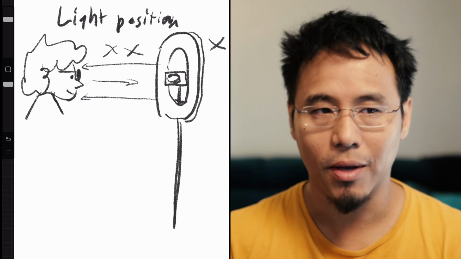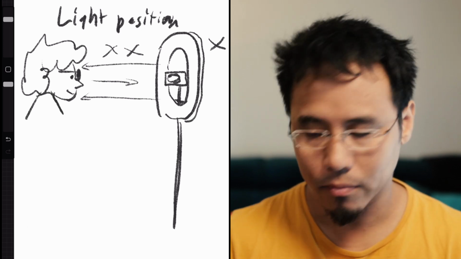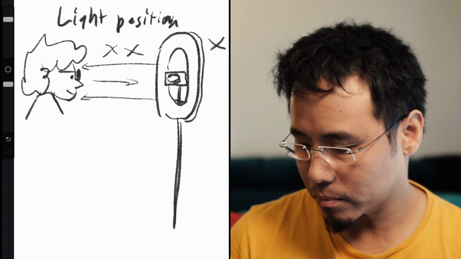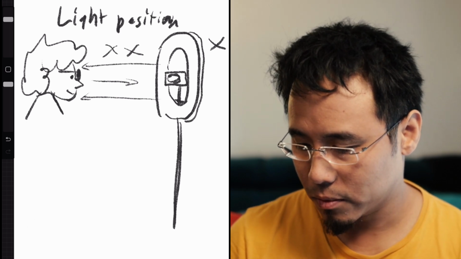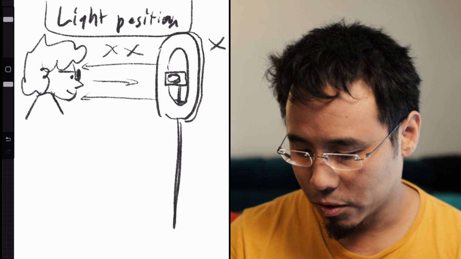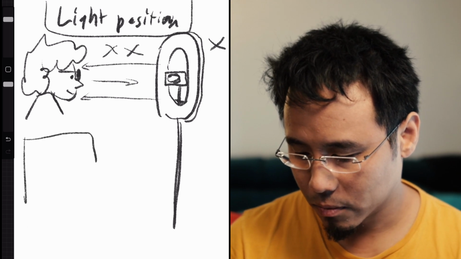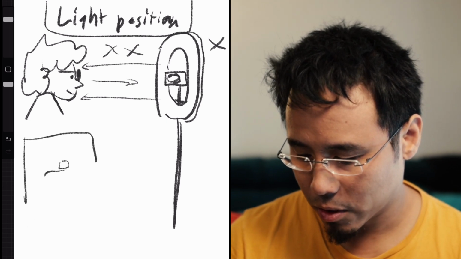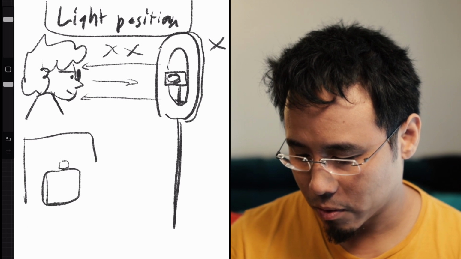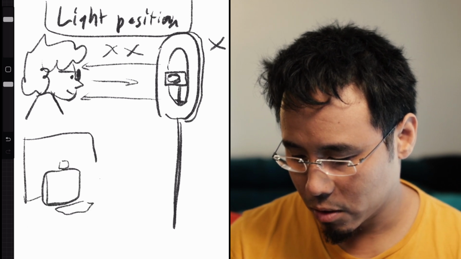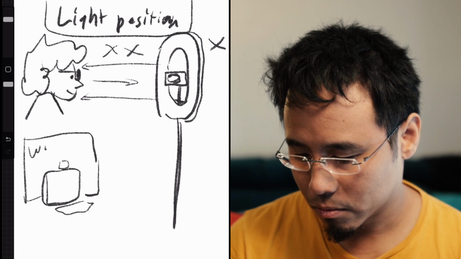Another thing that sometimes happens is that you have a window. Let's just say this is your window over here, and then you have your camera over here, your screen over here, right? And then the keyboard over here, but this is the window.